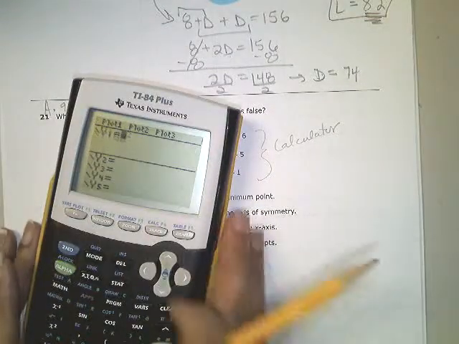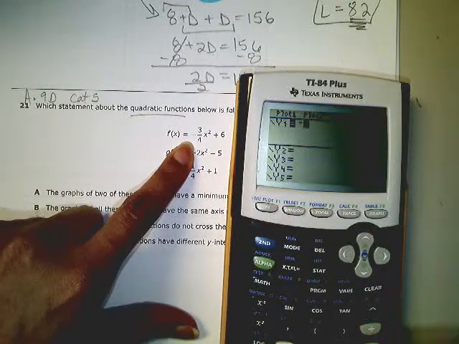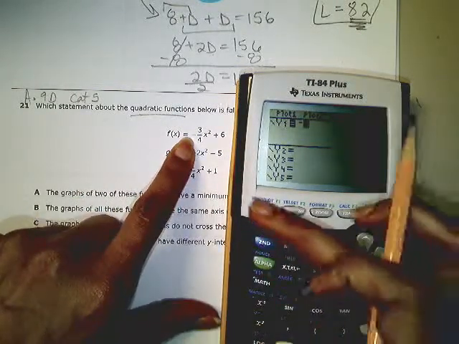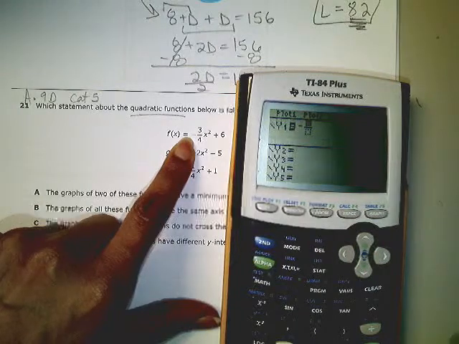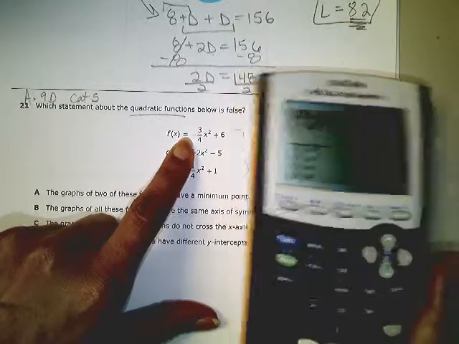So I'm going to come over here, go to my y equals screen, clear that out. Negative, that is a fraction, alpha. Choose first option. 3 over 4 x squared plus 6.